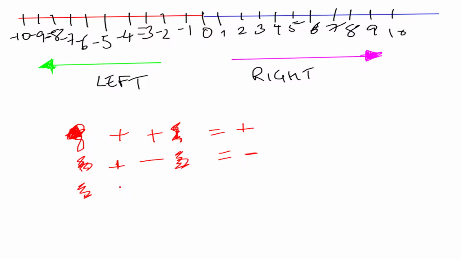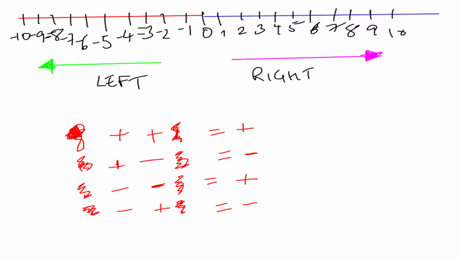If you have another number, let's say this number minus a negative number, the middle here becomes positive. And what's the final example? Say minus a positive number, the middle here becomes negative.